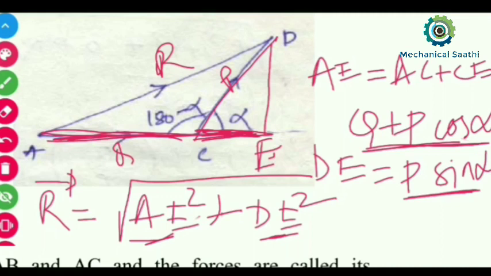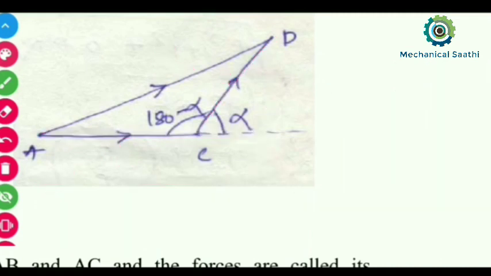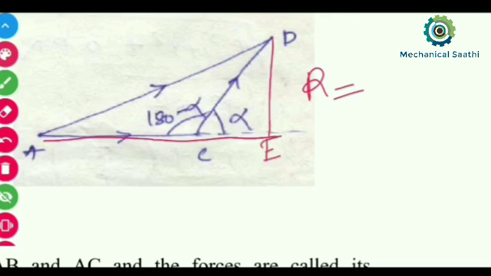So for that reason, let me erase some portions over here. What we know is that R will be equal to the square root of the square of AE and the square of DE.